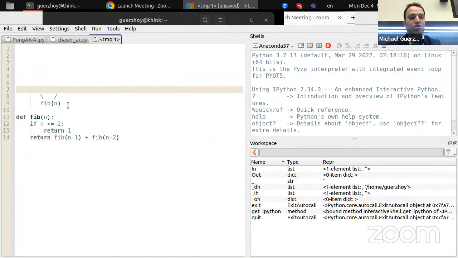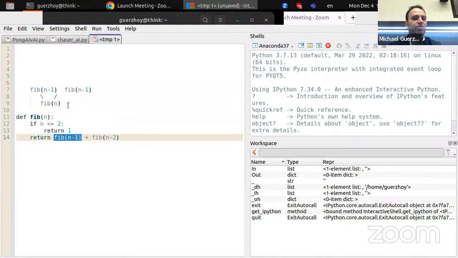So from here, you would say, okay, when you're trying to compute fib of n, you would be computing fib of n minus 1, and also you would be computing fib of n minus 2. And that's because that's what you're saying here, right? So fib of n minus 1, fib of n minus 2. And then from here, for example, you would say, okay, there's 2 calls.